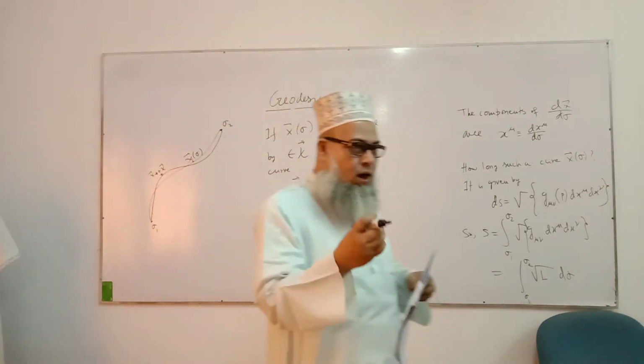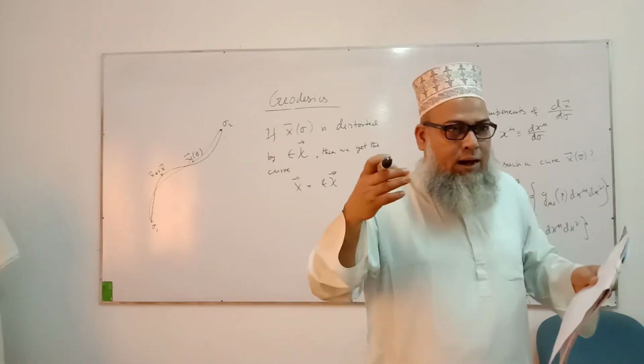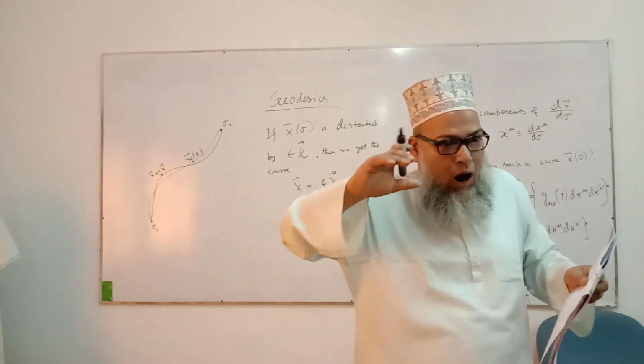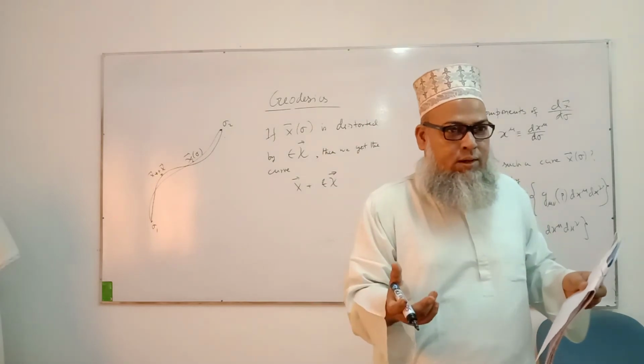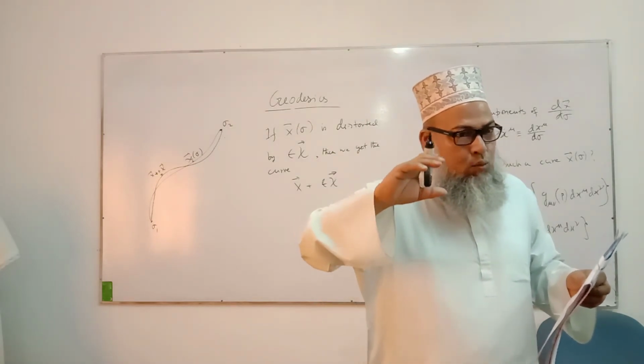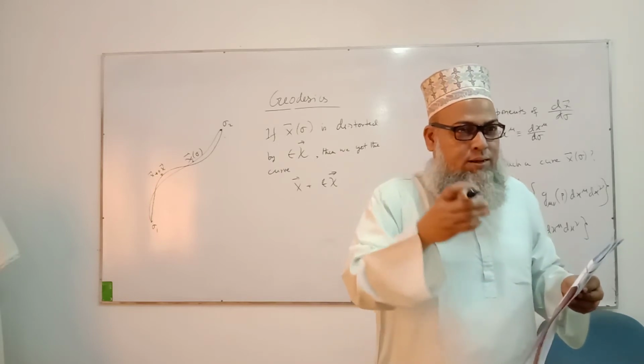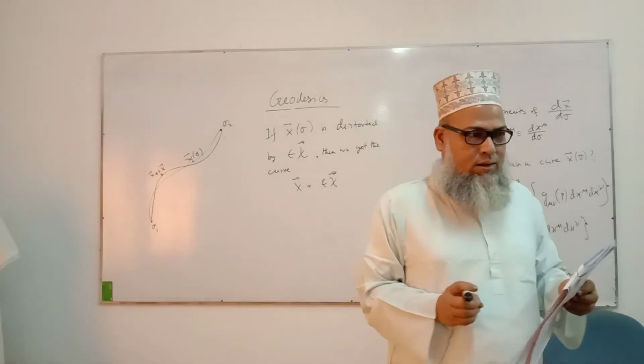Here, epsilon measures how far the distortion is, and chi defines how it is distorted. Chi gives the quality of the distortion, epsilon gives the quantity of the distortion.